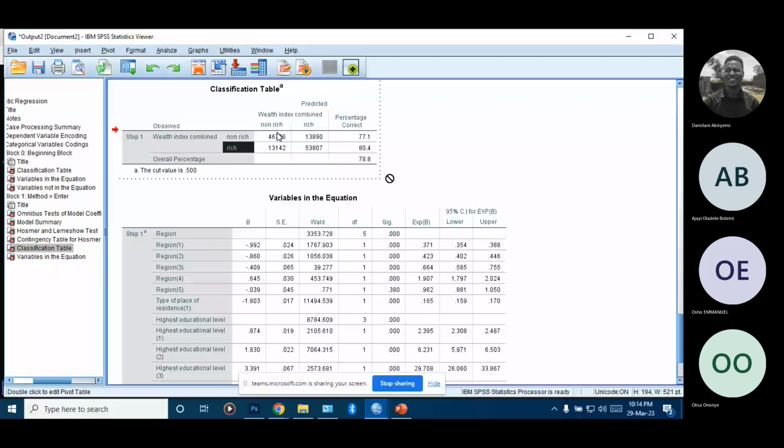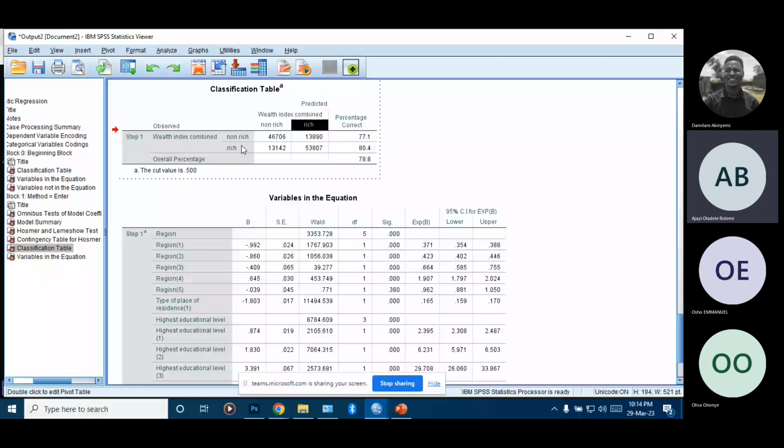Now, the other way around, these two. Our model predicted these people to be not rich, when in actual sense they are rich. And it predicted these people to be rich, when in actual sense they are not rich.